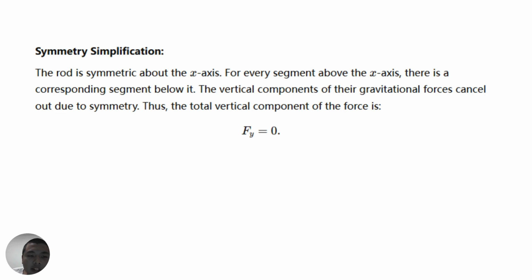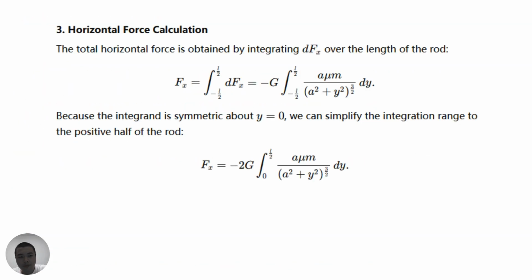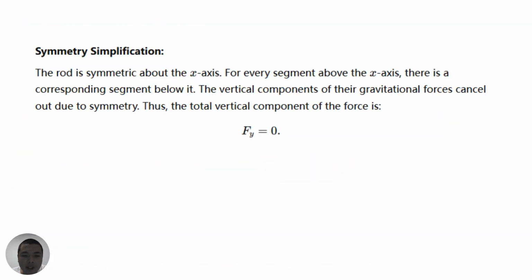Okay, the symmetry simplification. The rod is symmetric about the x-axis. For every segment above the x-axis there is a corresponding segment below it. For example, a point at y provides a force on m, and another point at negative y also provides a force on m.